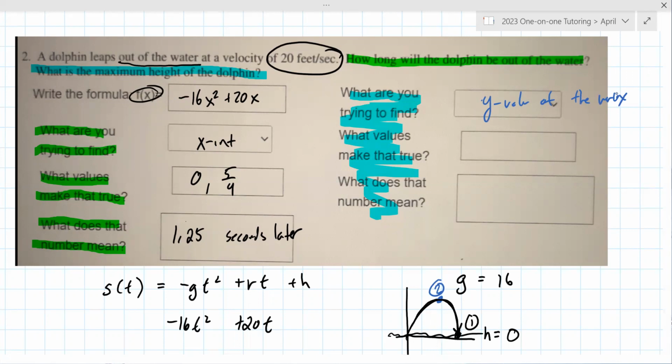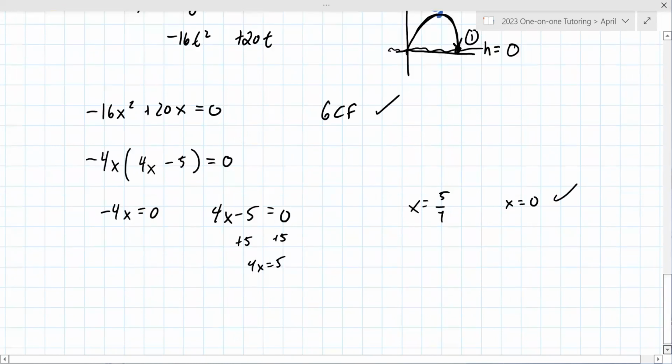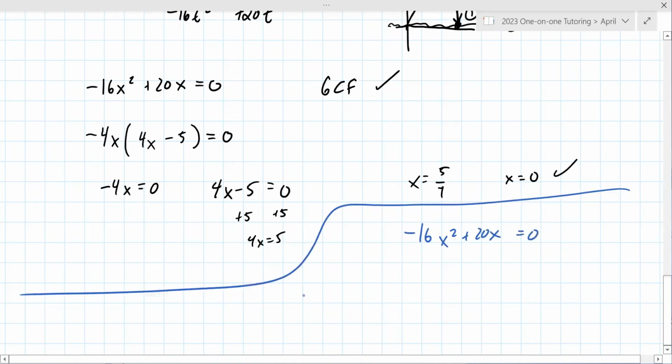All right, so we have to calculate the vertex of this equation. Do you remember how to do that when it's in this form? The X coordinate is minus B over 2A. Okay.